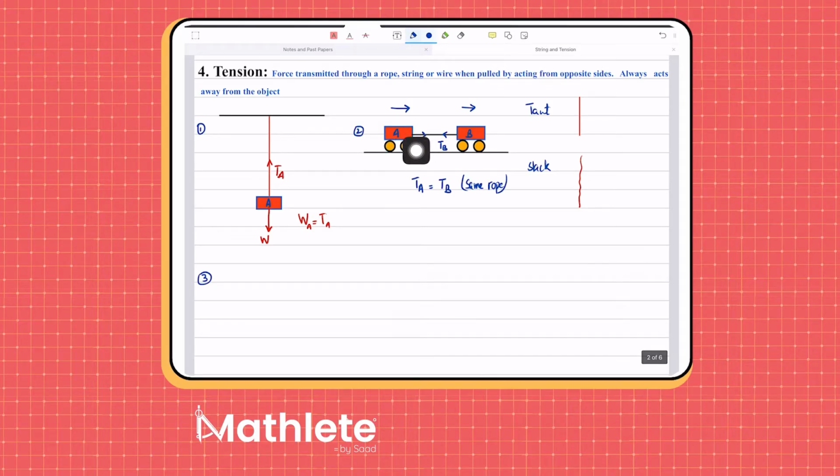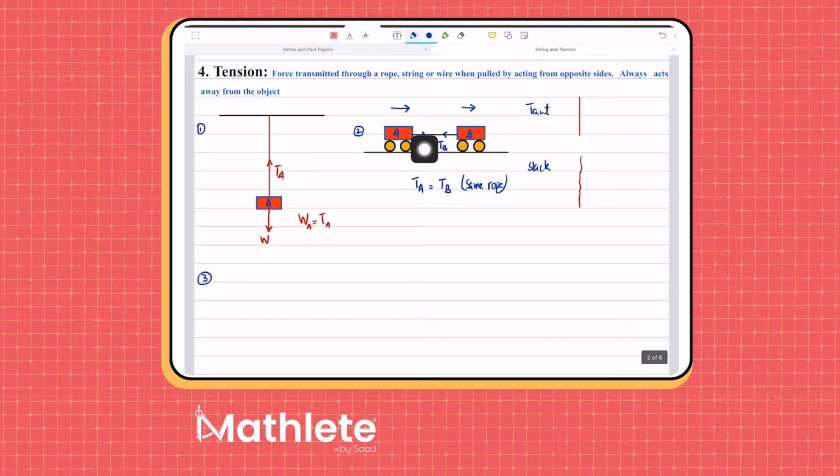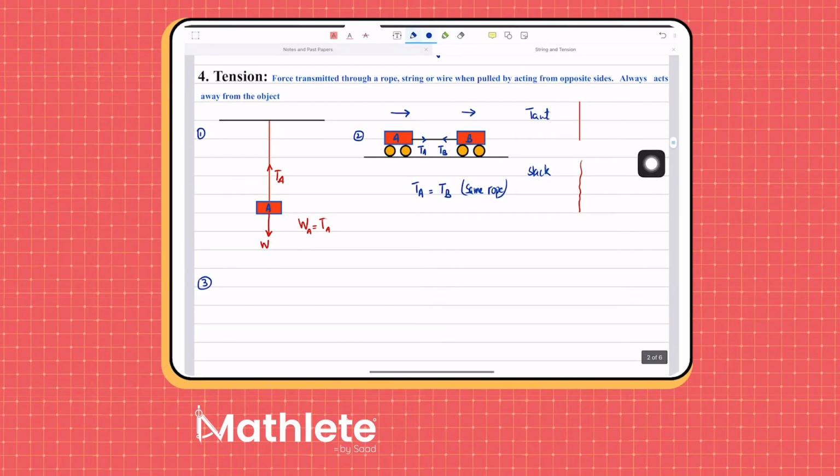How is the force being transmitted? The force is being transmitted through this rope. Remember, when we're looking at object A, we're only looking at object A, not object B. And what's the rule for tension? Tension always acts away from the object.